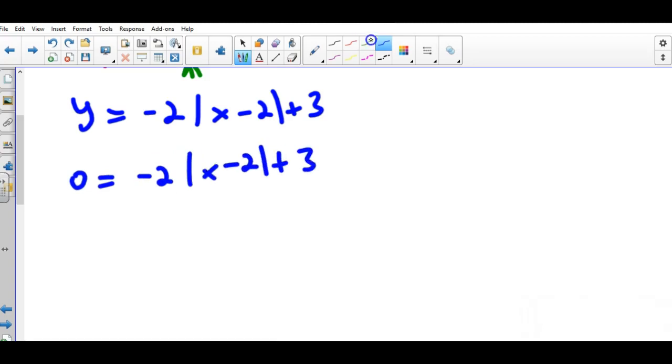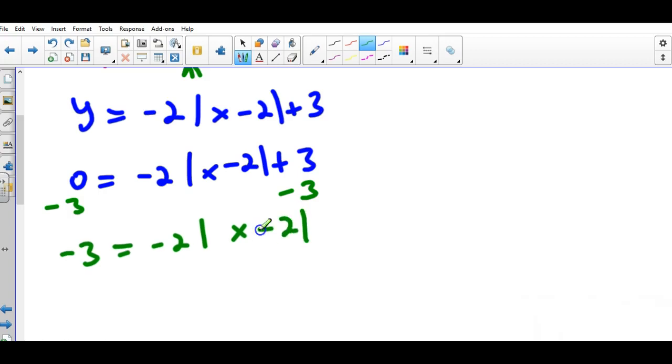The first thing we're going to do here is, you guessed it, subtract 3 on both sides. So 0 minus 3 is negative 3, equals negative 2 times the absolute value of x minus 2. So now we need to divide by this 2 over here, right? It's multiplied by negative 2, so we're going to divide by negative 2.